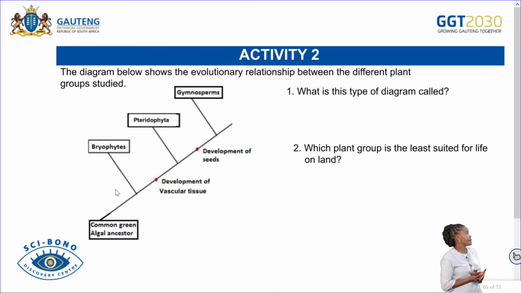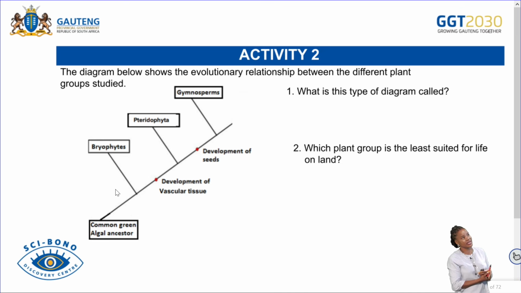Second question, the diagram below shows the evolutionary relationship between different plant groups studied. So we've got the common ancestor, which is the green algae, and then we've got the Bryophytes, the Pteridophytes, as well as the Gymnosperms.